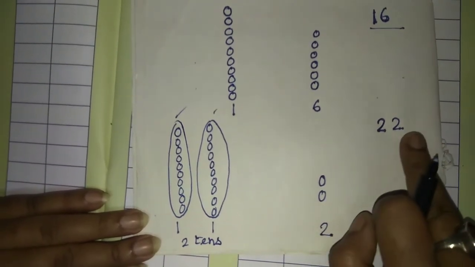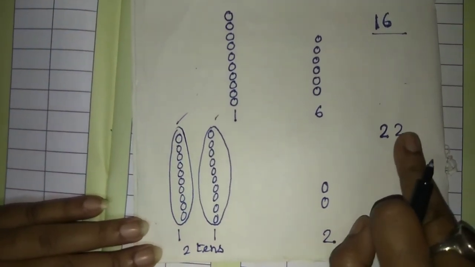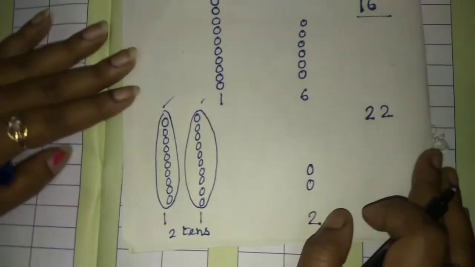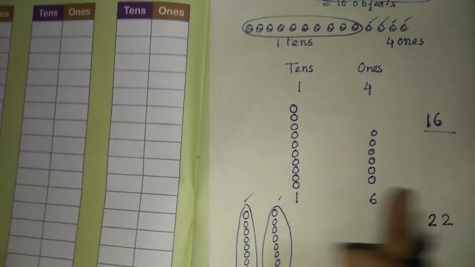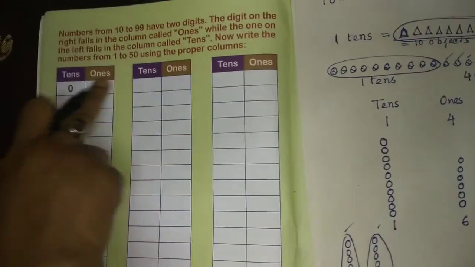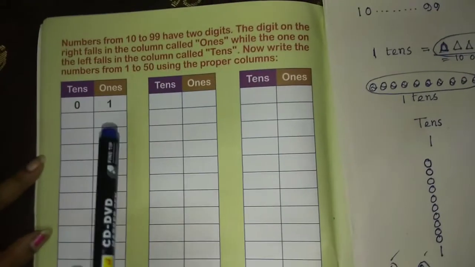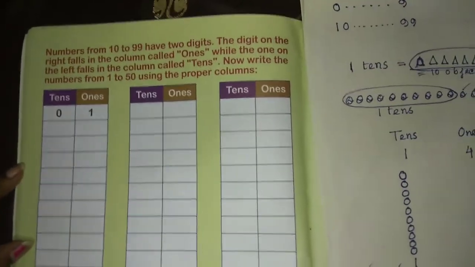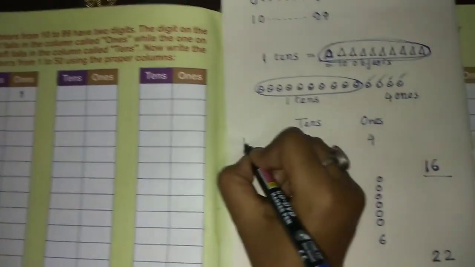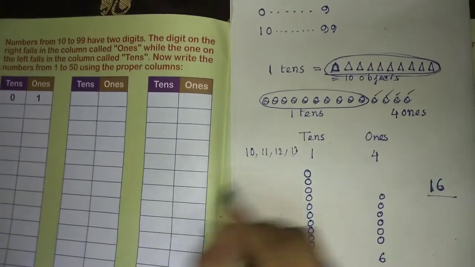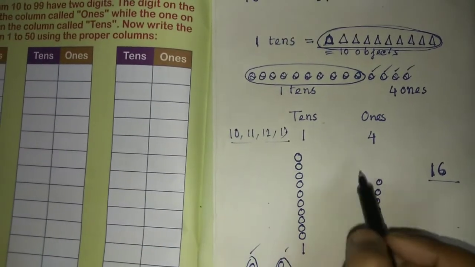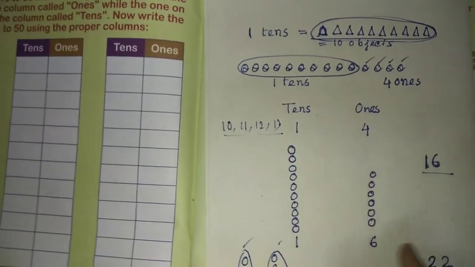So 22. Okay, students. Now in this KG or kindergarten class, you will only learn how to put or write these numbers in this column. Take some numbers like 10, 11, 12, 13, and see how you can write them in this column.